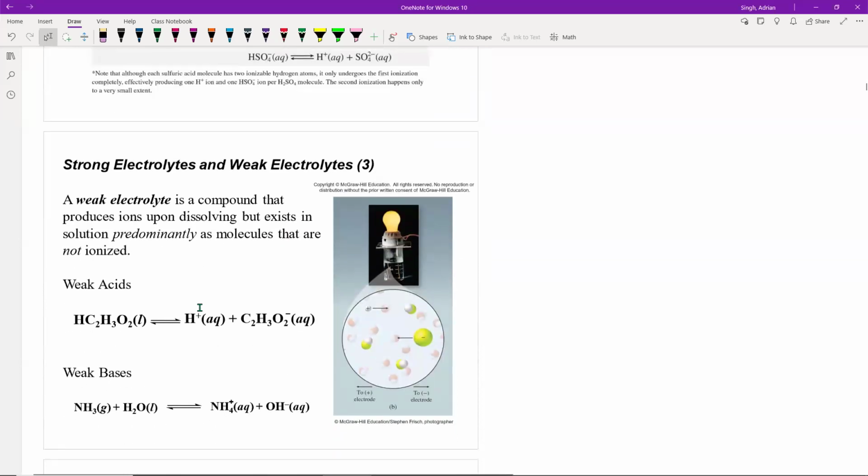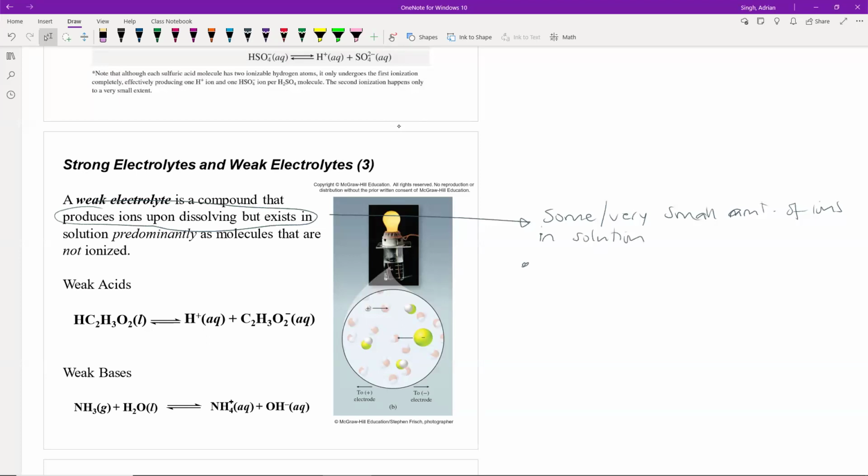In contrast to strong electrolytes, we have what are known as weak electrolytes. A weak electrolyte is something that does produce ions upon dissolving, but we don't get a lot of ions in solution. Some, a very small amount, are produced in solution.